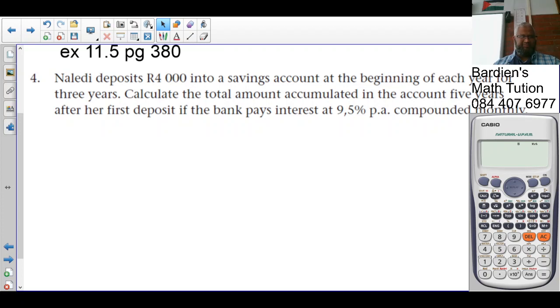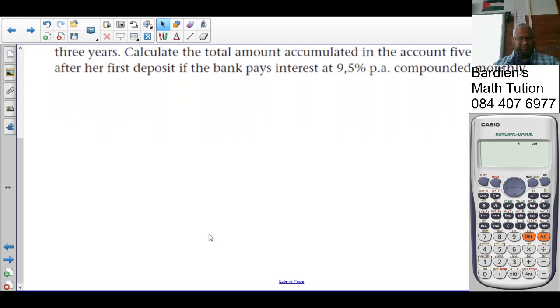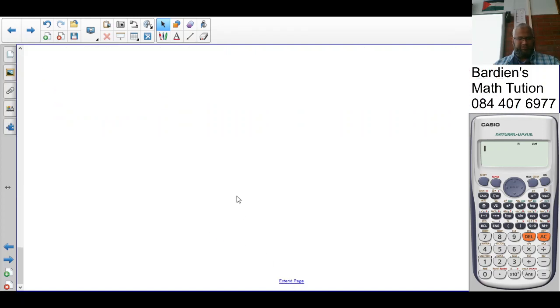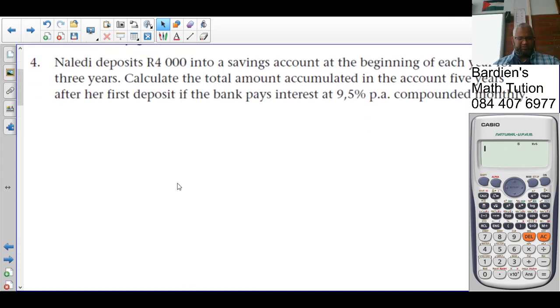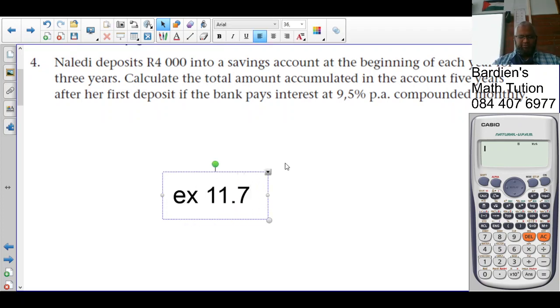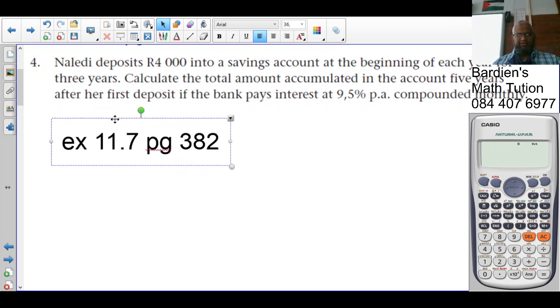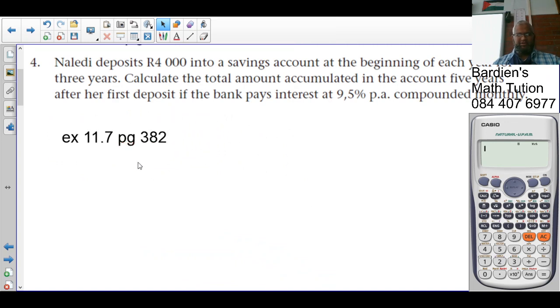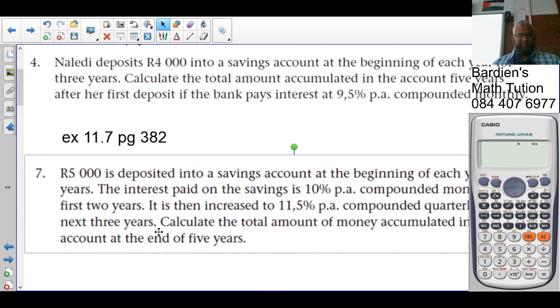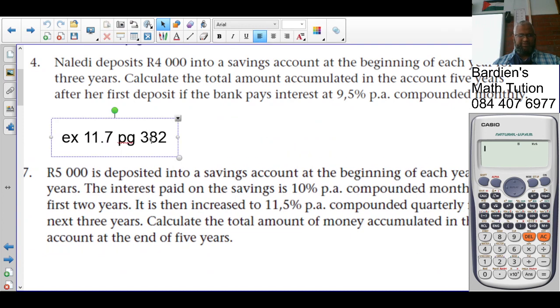No. There's 11.7 number page. Page 382. Is that correct? Just guess. Just check if that's correct. 84. Bad guess.